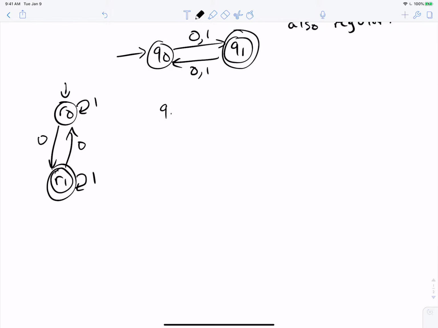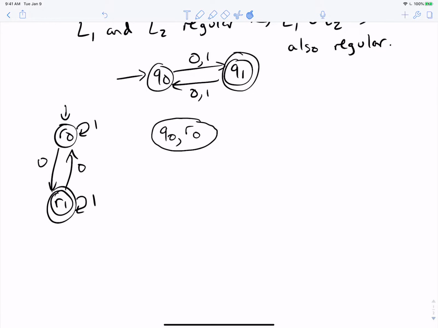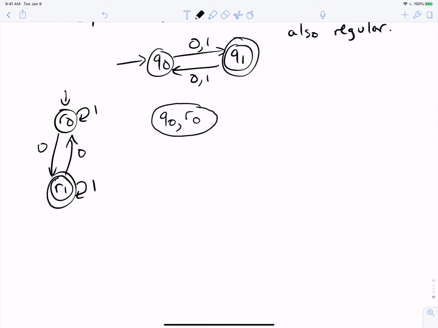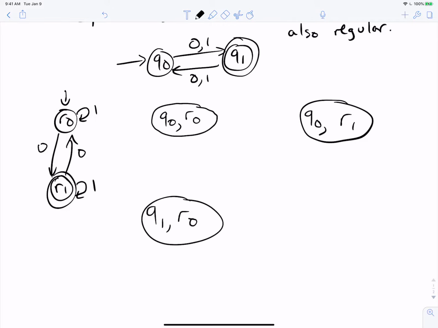We noted this last time by ordered pairs of states. So I'm going to have a state called Q0, R0. Then I'll have a state Q0R1, Q1R0, and Q1R1, because there are 4 possible choices of what could happen.